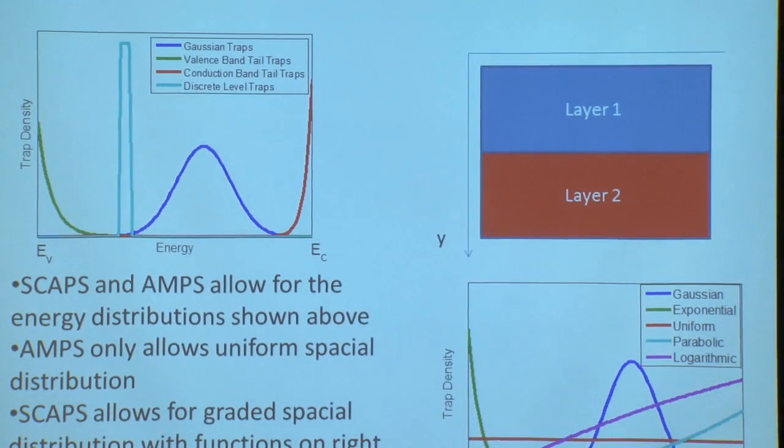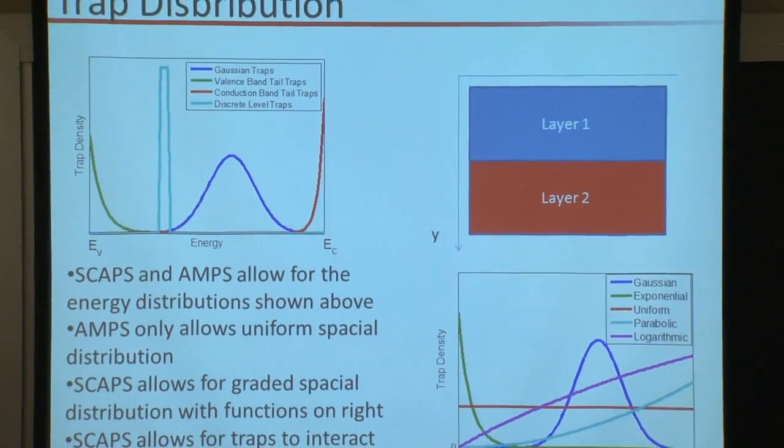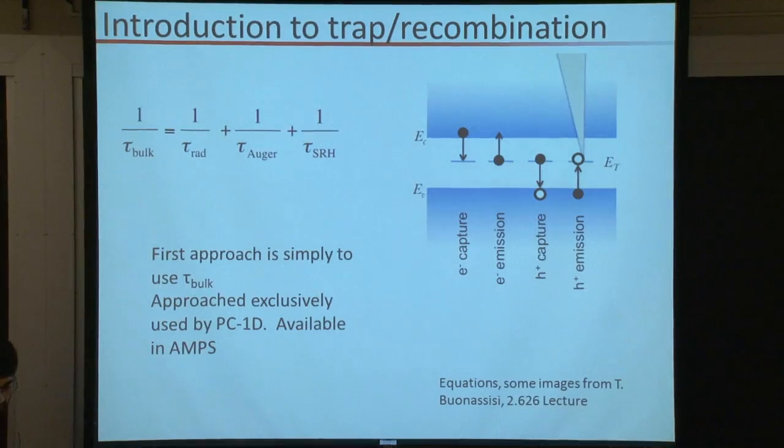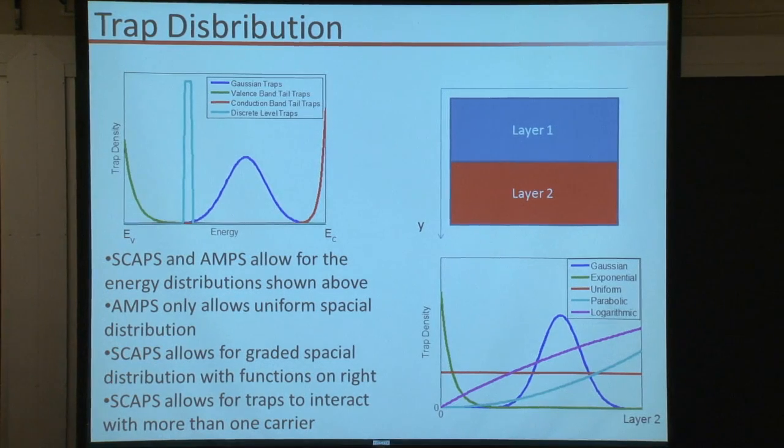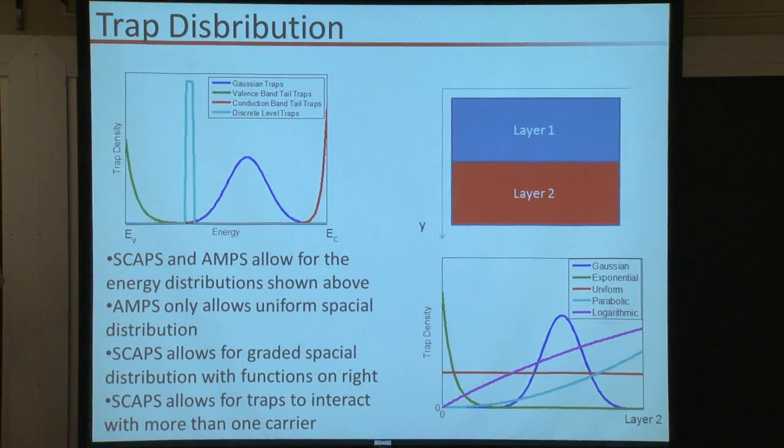Both AMPS and SCAPS actually allow for simulating these physical traps, and these traps have different spectrums with respect to energy. For example, you can have traps that decay exponentially from the band edges, or discrete level traps at a certain energy level, or traps that have a Gaussian distribution. Both AMPS and SCAPS allow for that.